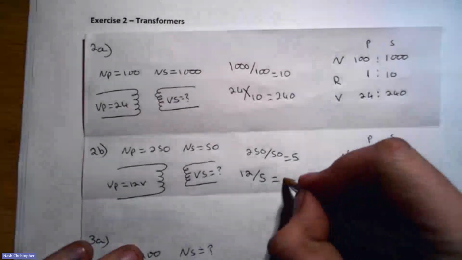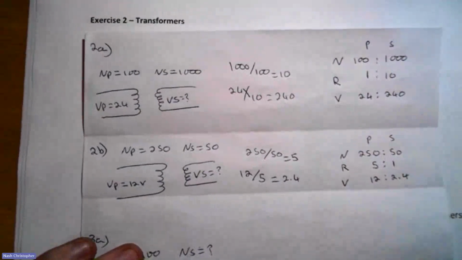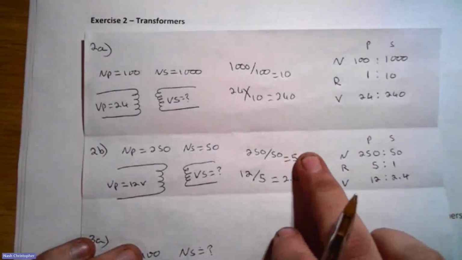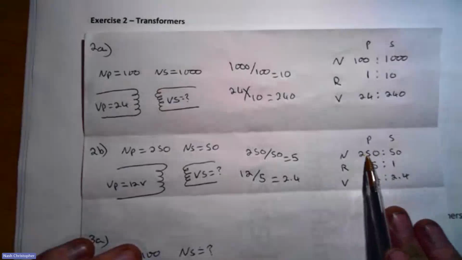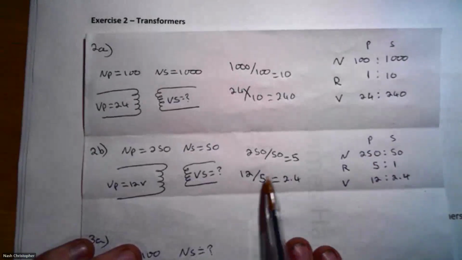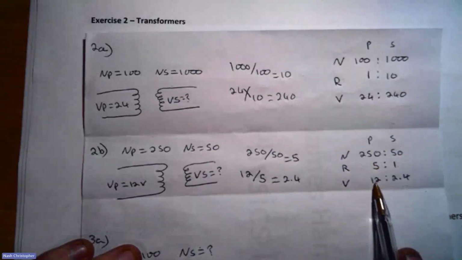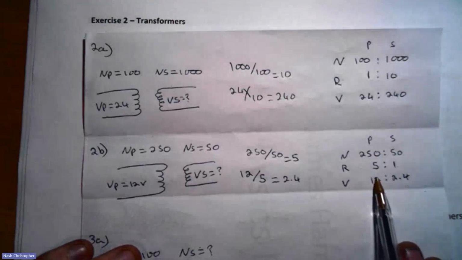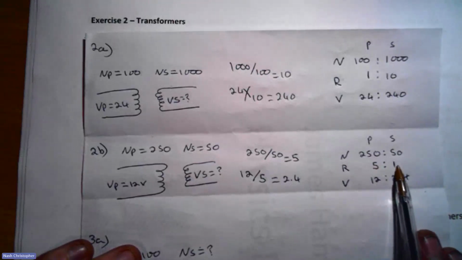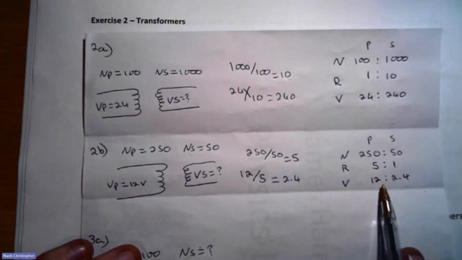Which is 2.4. Your voltage on your secondary is 2.4. When you're doing them, just make sure you remember that value is calculated for the large number, and just make sure you remember, if that's actually a multiple of the unit where there's only one.